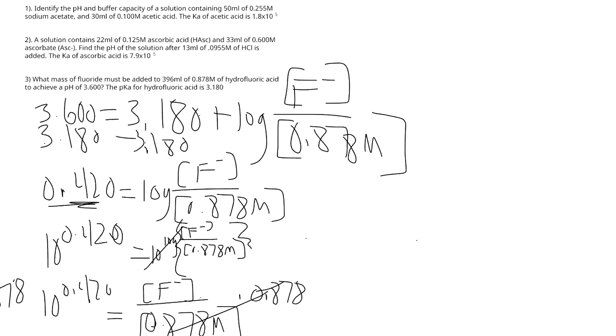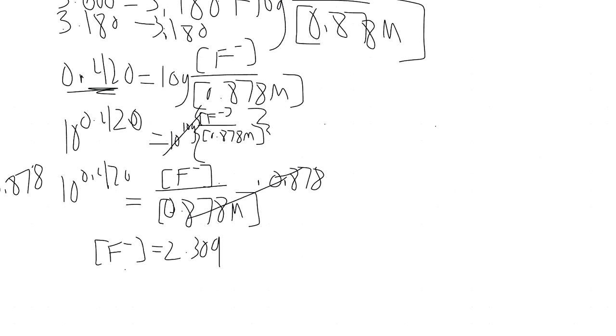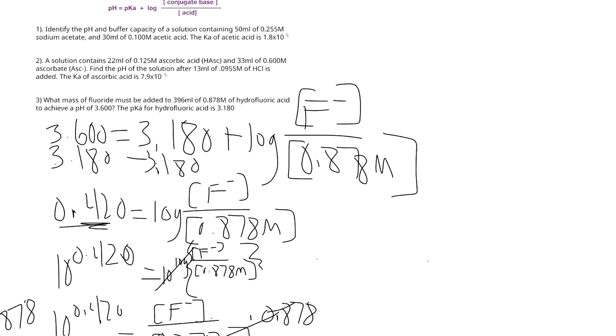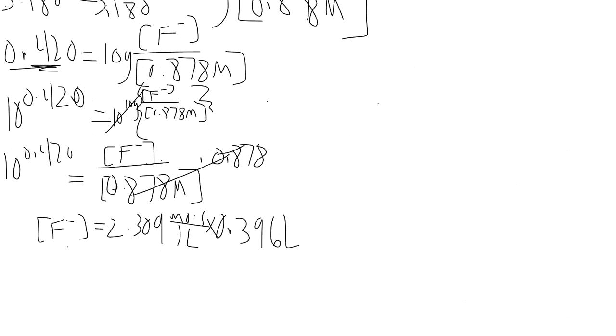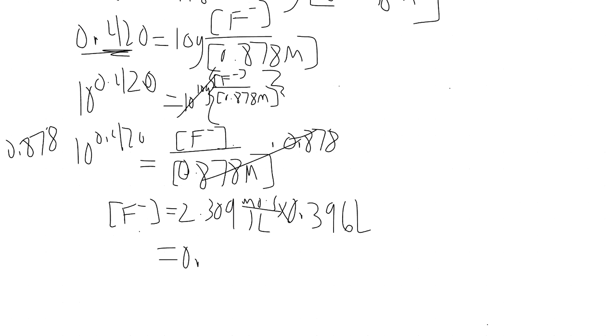It's 396 milliliters. So if we break up molarity, remember, this is moles over 1 liter, or just liters, we can cancel it out to just get moles by multiplying by that volume, 0.396 liters. I just converted that in my head, I just divided that by 1,000. And what we'll get is 0.8522 moles of F minus.